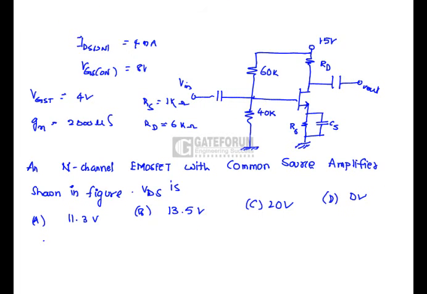IDSS and VGS are given as the values of an E-MOSFET whenever it is on. VGST is 4 volts, gm is 2000 microsiemens, RS is 1K and RD is 6K.